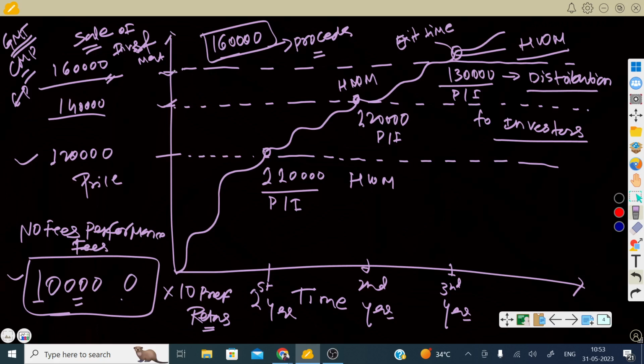1 lakh 60 is your total investment value. I have to pay first the total amount, which was 1 lakh.